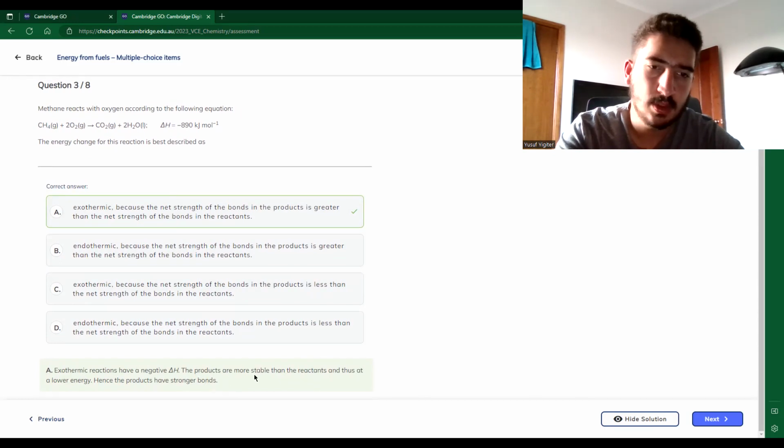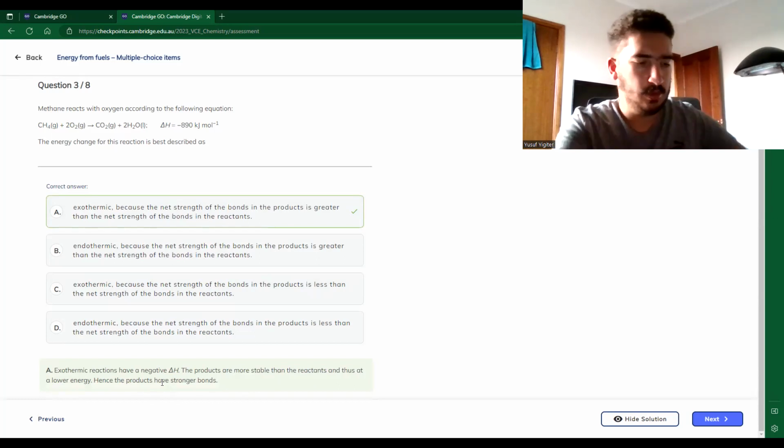The products are more stable than the reactants and thus at a lower energy, so lower net strength. Hence, the products have stronger bonds. Wait a second.